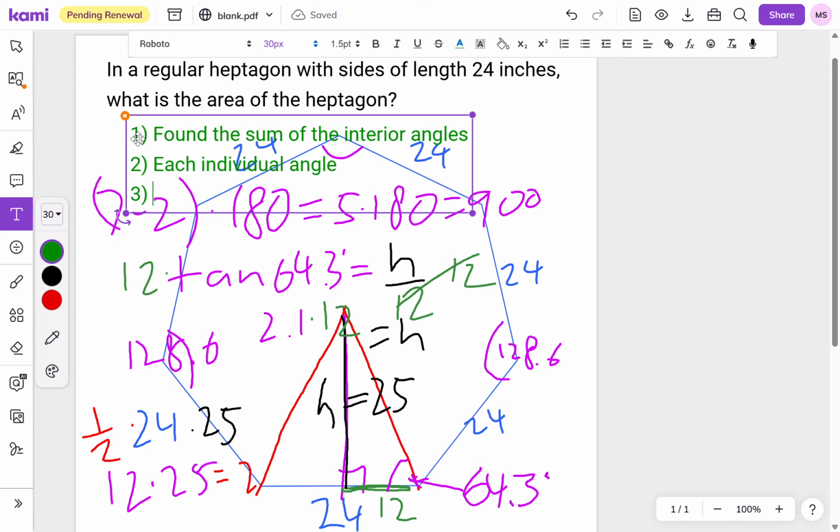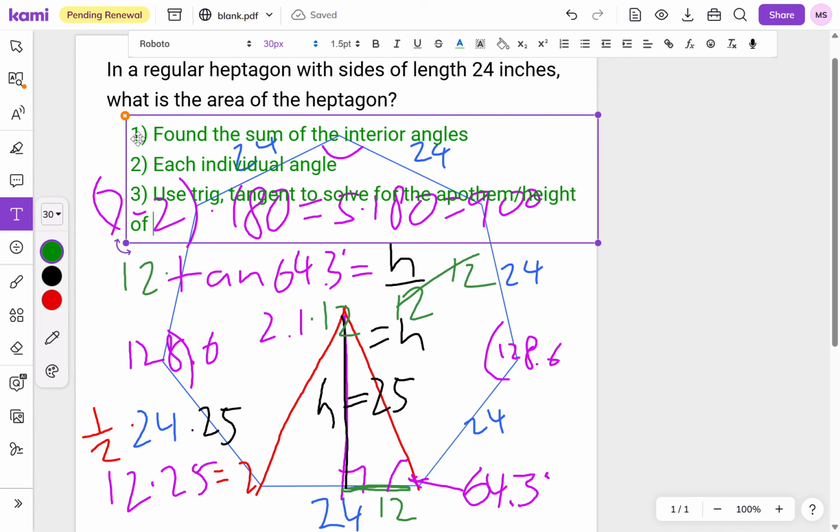So use trig, in particular tangent, to solve for the apothem, the height of that triangle. Once you have the height of the triangle, find the area of the triangle using half times base times height.